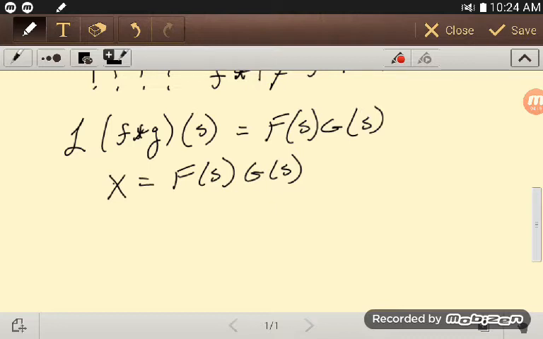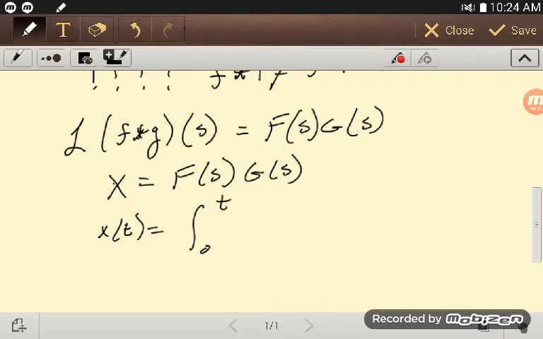I see that big F and big G are particular functions, and I go, oh, I know those Laplace transforms. I can do an inverse Laplace transform. Then we know that x of t is equal to the integral from 0 to t.